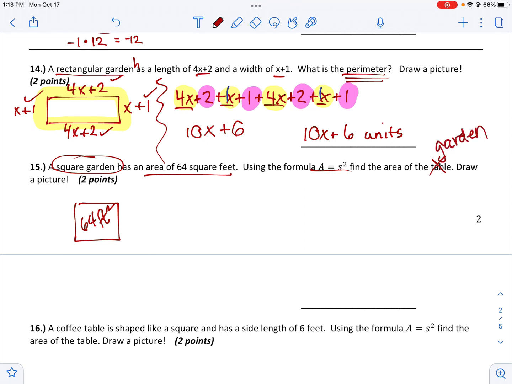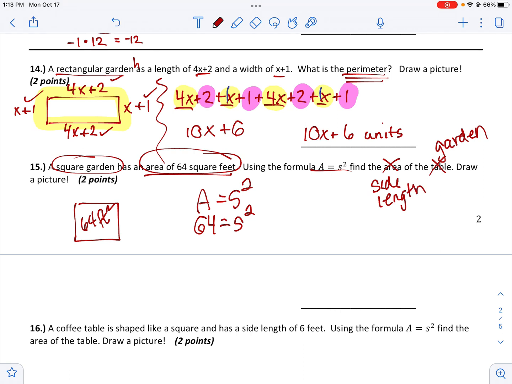Okay, so we have A equals S squared. You have to ask yourself, well, what information is given in the problem? The area is given. So 64 equals S squared. But I don't need to find the area, I want to find the side length. So I'm going to take the square root of 64. And S equals 8 feet. That's my answer.